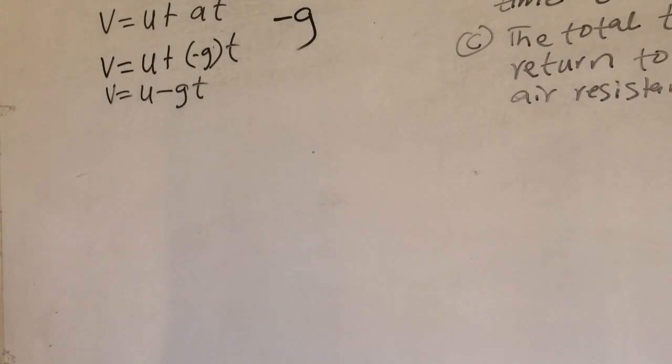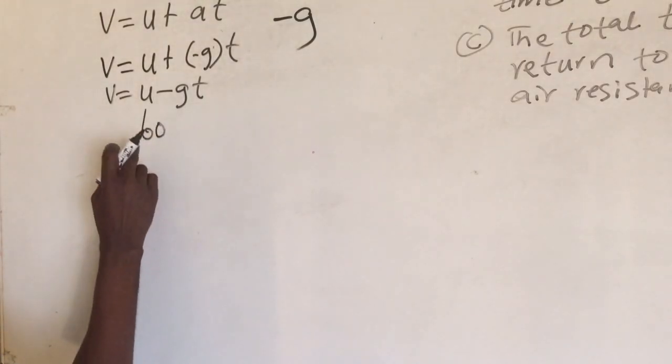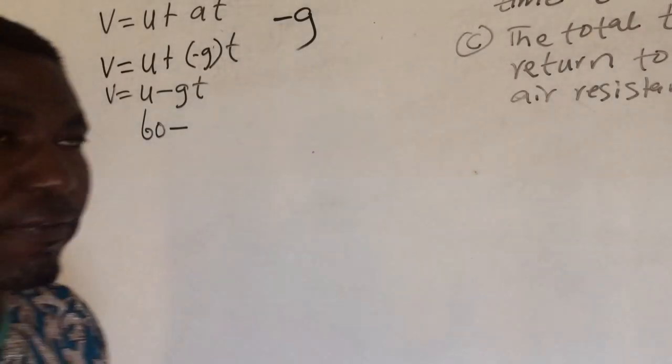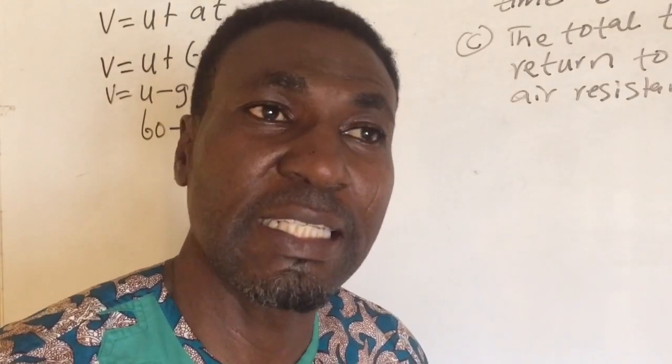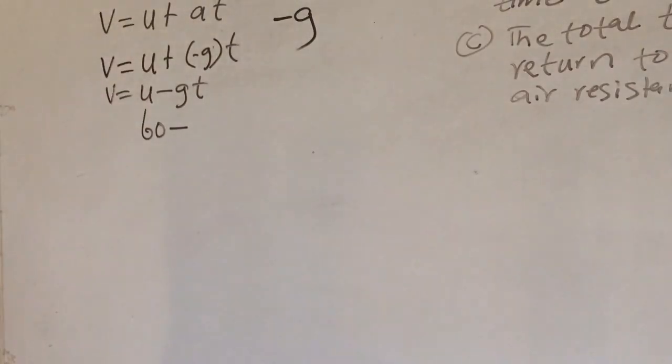Now the question says the cricket ball is thrown upward with an initial velocity of 60. So the initial velocity is 60 meters per second. The acceleration due to gravity is 10 approximately. We use 10 approximately as the acceleration due to gravity.